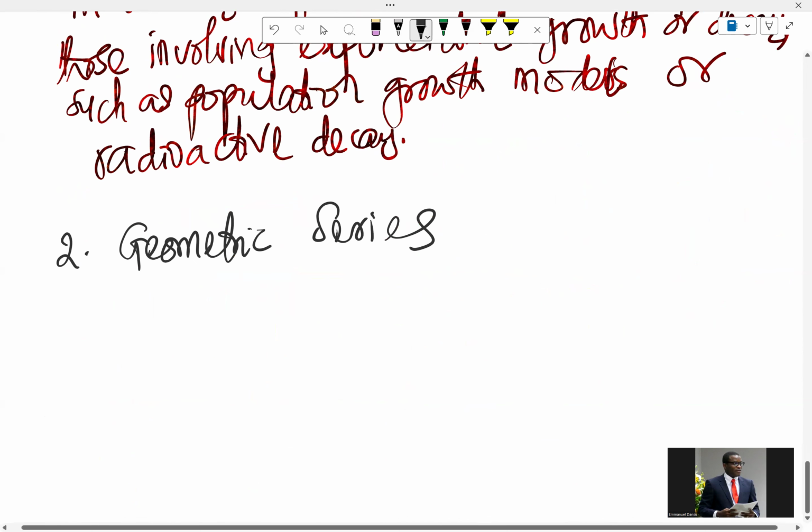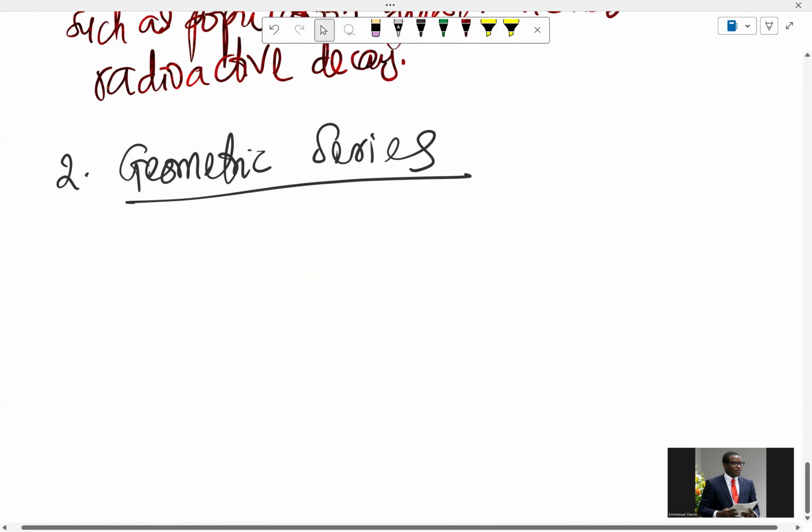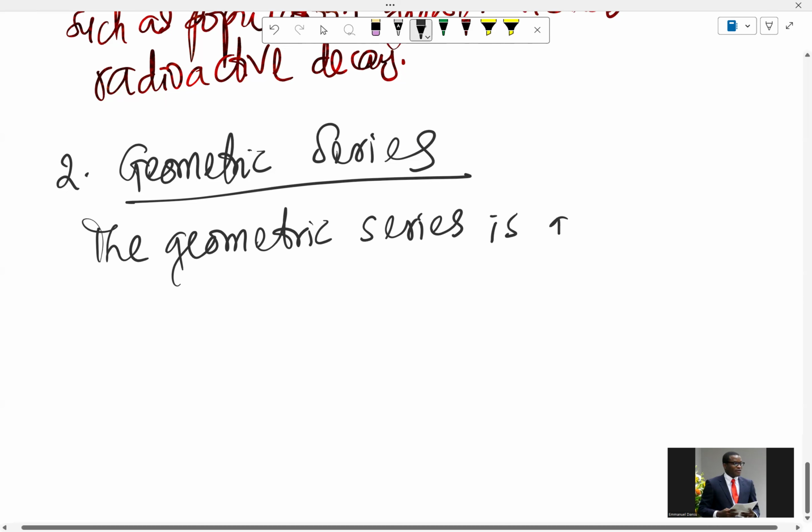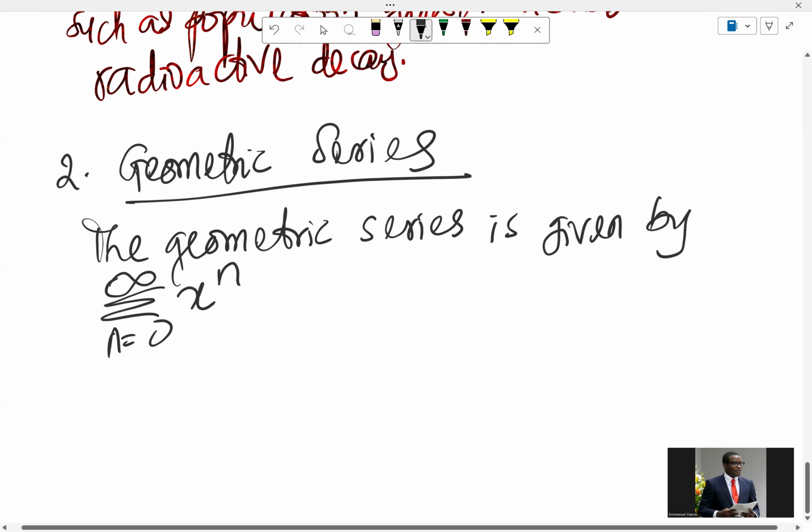So the geometric series is given by the summation from n equals 0 to infinity of x raised to power n. So of course here the coefficient is 1. The center is 0. And of course you have that power. So that's how that goes.